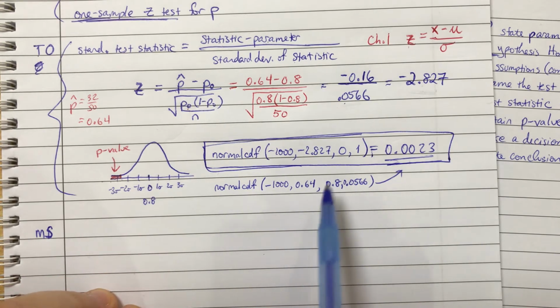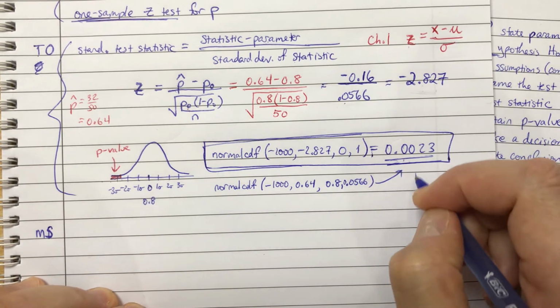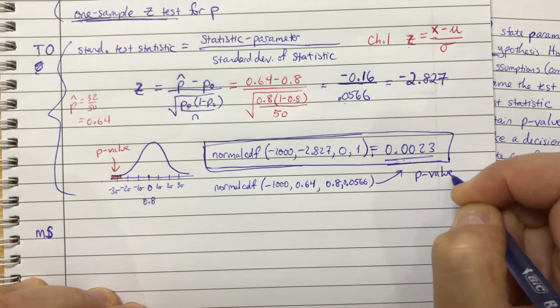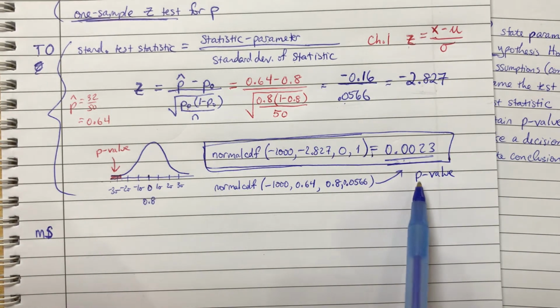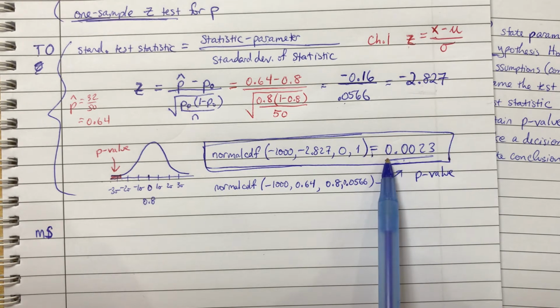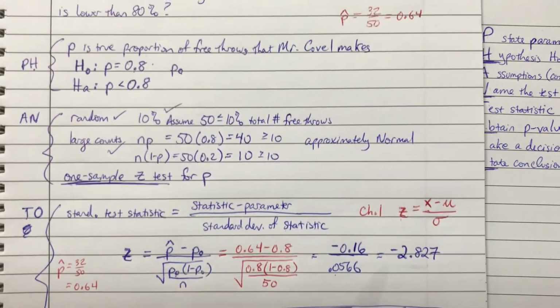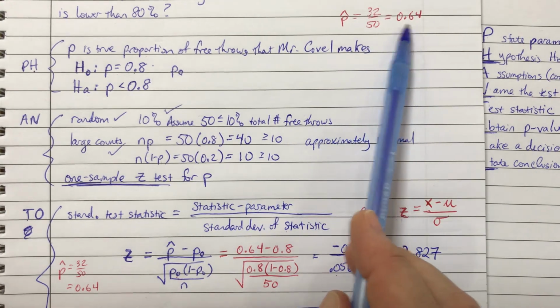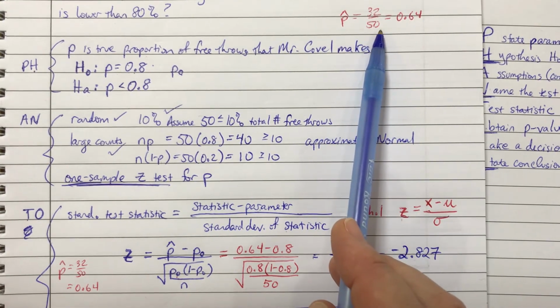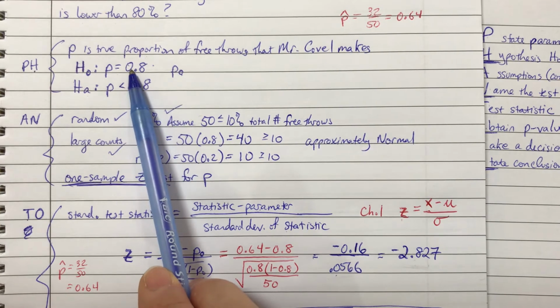The last part of this is our p-value right here. The p-value tells us the probability that we get a sample proportion of 0.64 or lower if the true proportion is really 0.8.